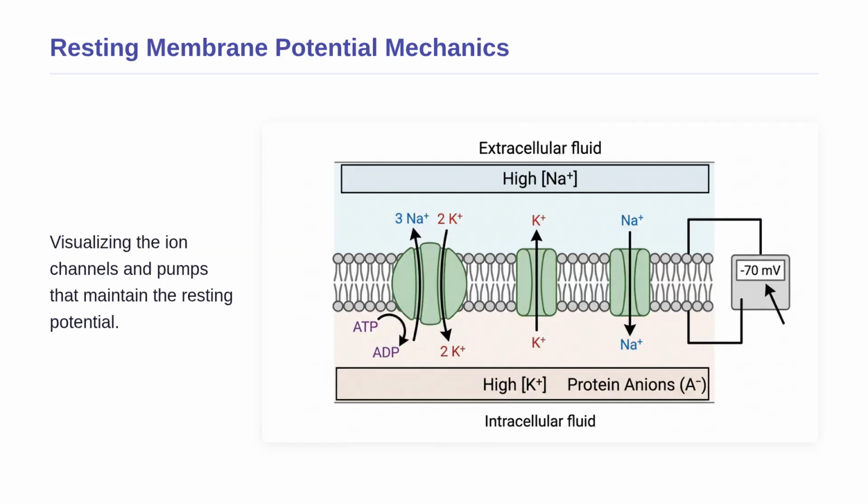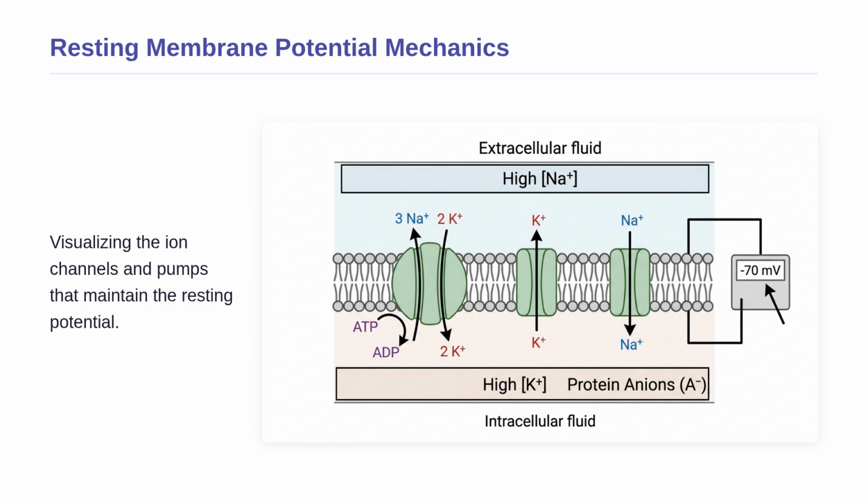Now that we have proven the math, let us visualize these mechanics in action. On screen is a detailed schematic of the cell membrane. At the top is the extracellular fluid, packed with sodium ions. At the bottom is the intracellular fluid, rich in potassium and large negative protein anions. Notice the channels embedded in the membrane.